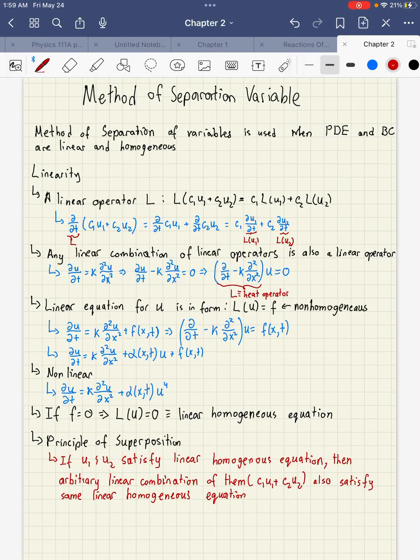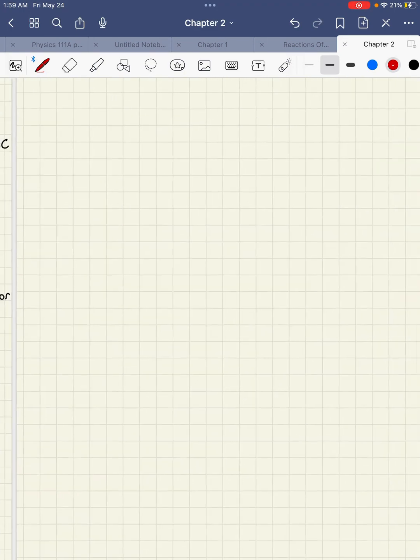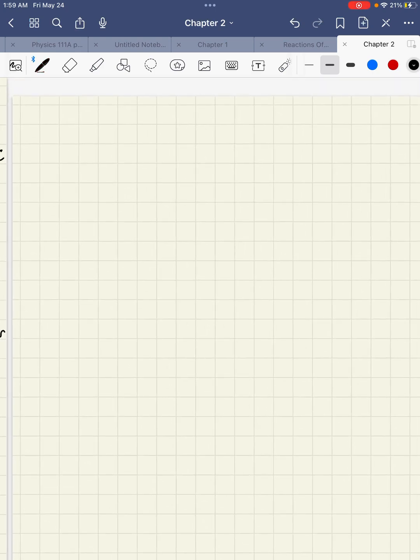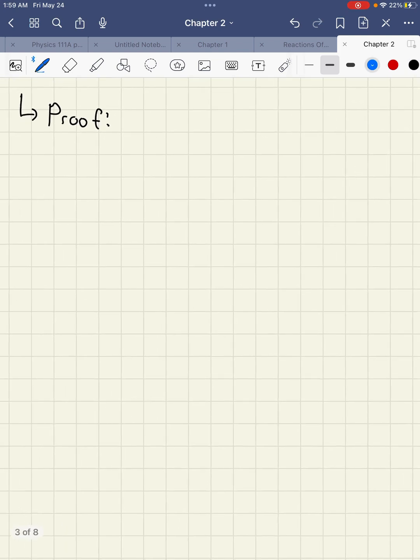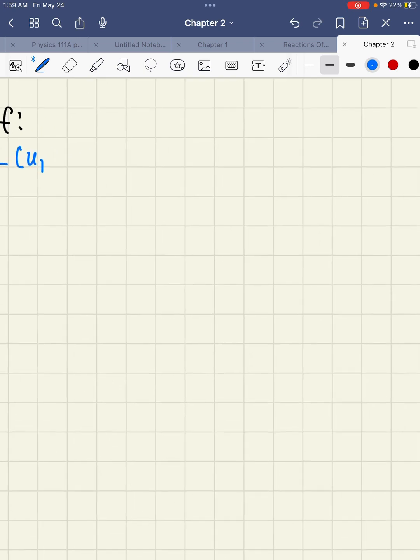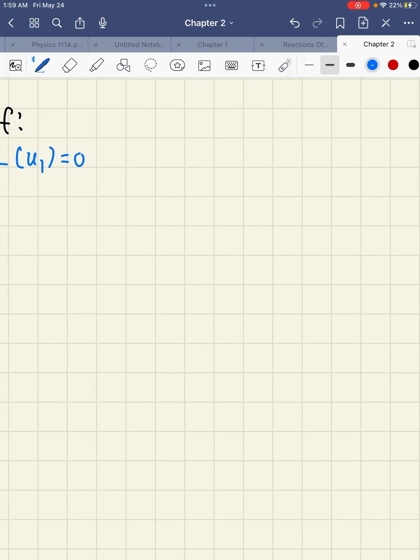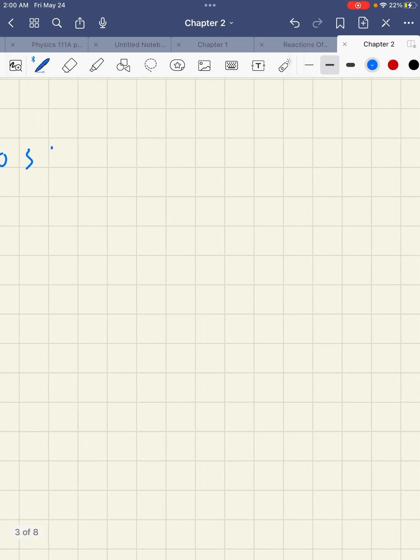We can do a simple proof for this. So let me write the proof. We assume u1 and u2 are my solutions. So the linear operator applied to u1 is equal to 0, and the linear operator applied to u2 is also equal to 0.